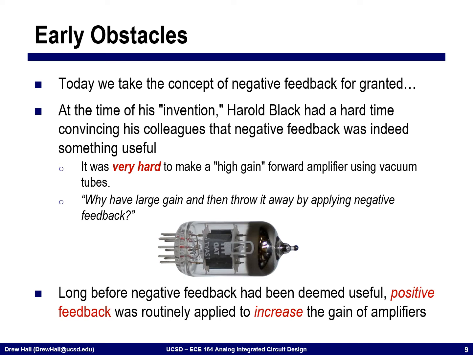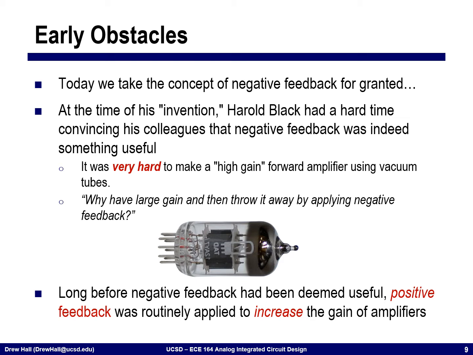And vacuum tubes have intrinsic gains that are single digit, or sometimes in the tens range. If we compare that to transistors in this technology, we have intrinsic gains of 50, 100 or more. And so the idea was foreign at the time. How do we throw away this gain when it's very hard to even make the gain?